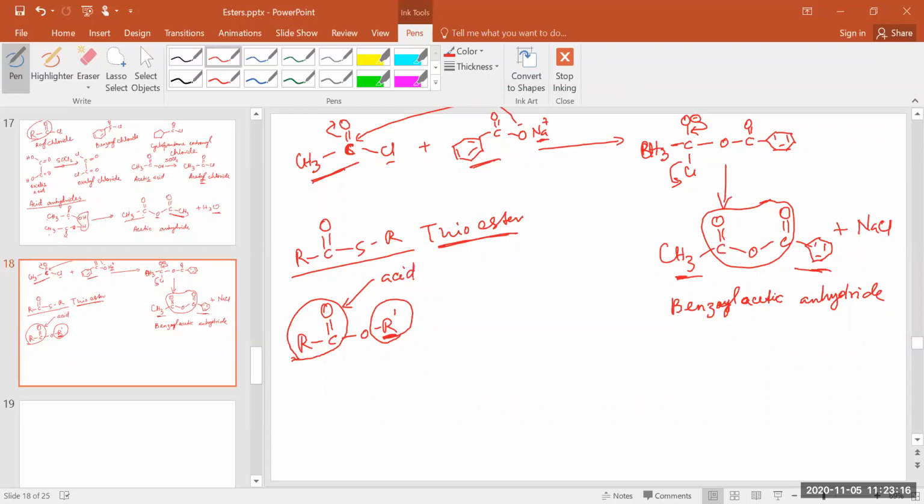Instead of -ic acid, the name ending will be -oate. Or if you go to the alkane, you name R prime first, then the alkane: you remove the E and add -oate. So it will be called alkanoate.